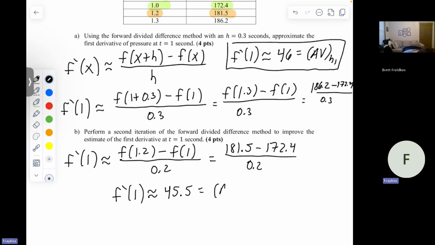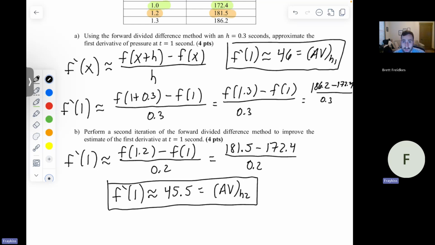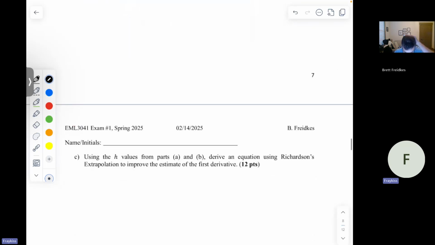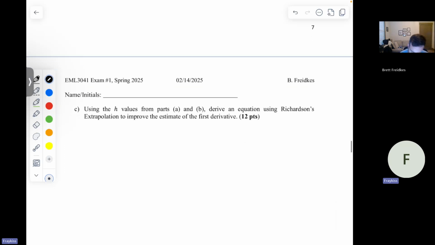And I'll say that this is my approximate value for some second h. So I now have two approximate values, one with h is 0.3 and the other with h is 0.2. If we go to part C, it says using the h values from parts A and B, we're going to derive an equation using Richardson's extrapolation to improve the estimate of the first derivative.